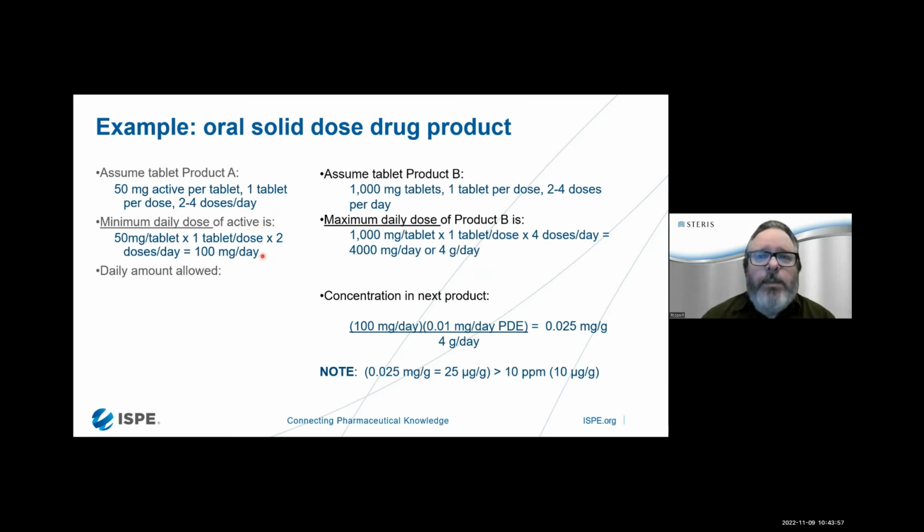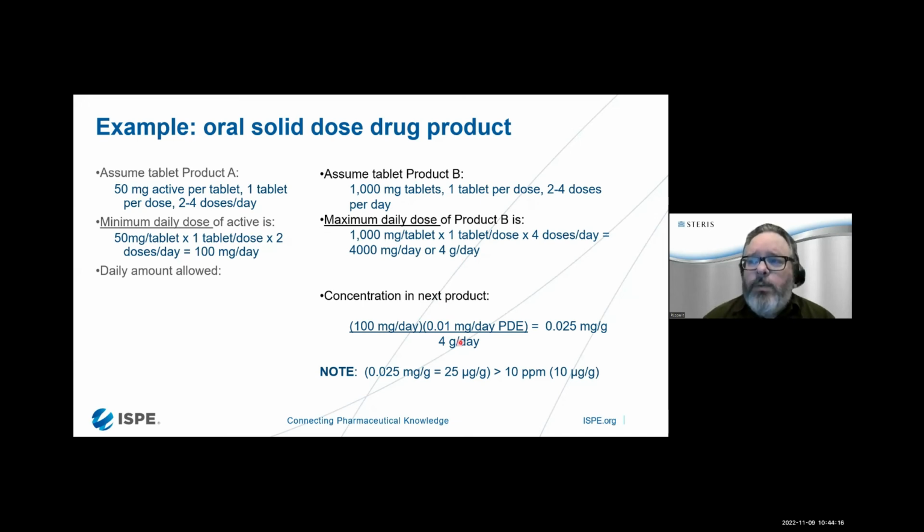It gives us a minimum daily dose of 100 mcg per day. Now, when we go to product B, we have 1,000 tablets, 1 tablet per dose, 2 to 4 doses per day. We can then calculate that to be about 4 grams per day.